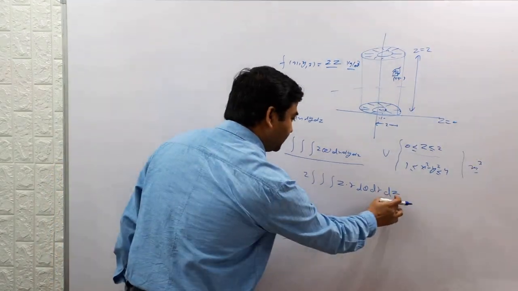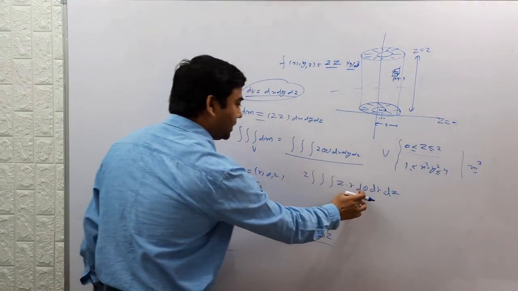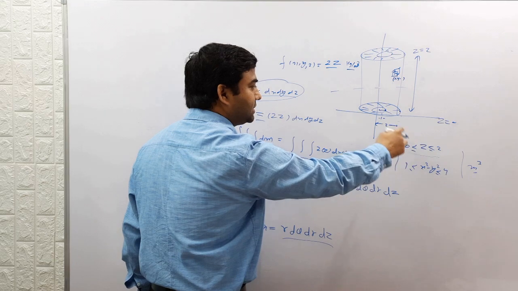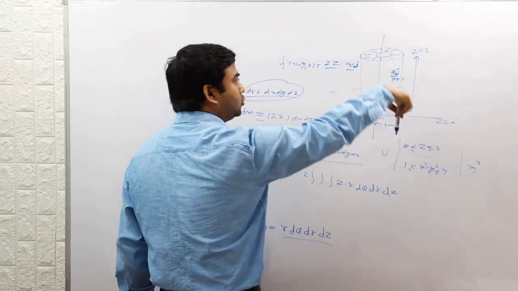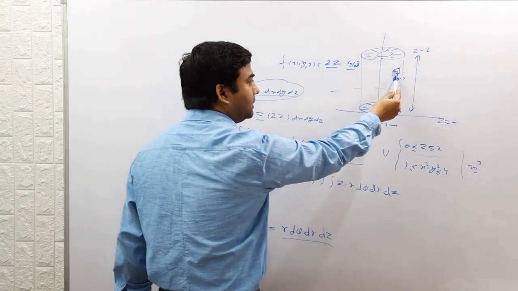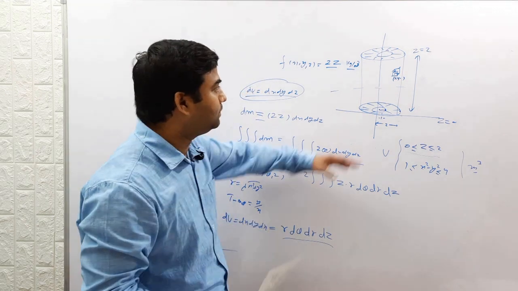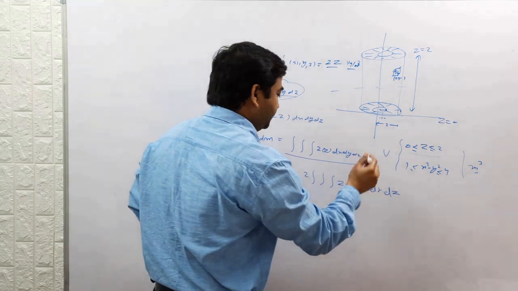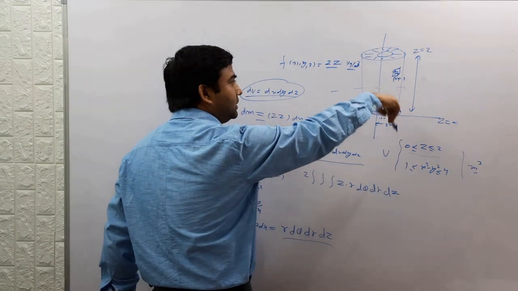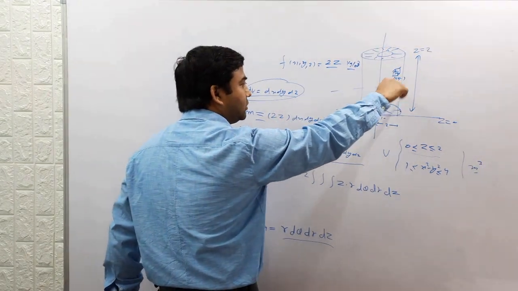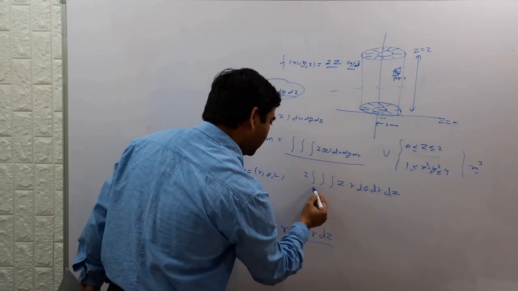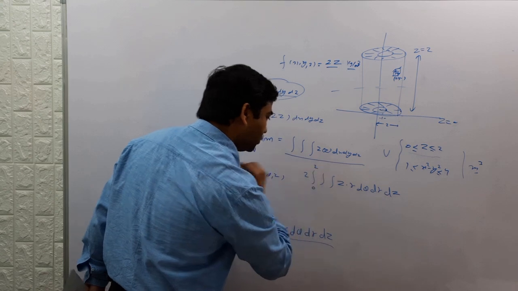Now put the limits. This small volume element has to sweep all the volume of the hollow cylinder. So it will travel from z equal to 0 to z equal to 2.